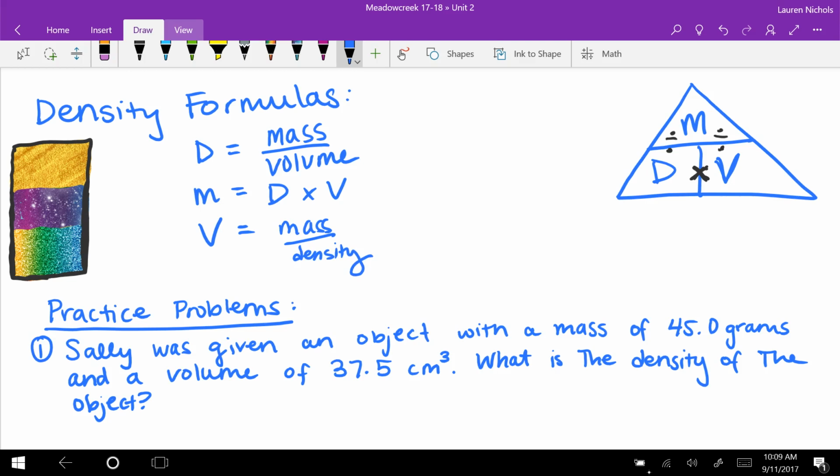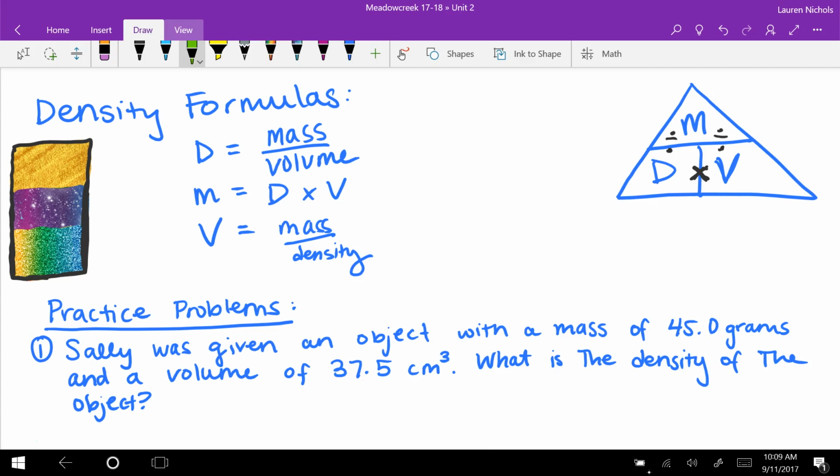Now, you might also see this rectangle of multicolors over here on the left of your screen. And this is a density column. I just really like using the rainbow and night sky and gold shimmery colors to do it.